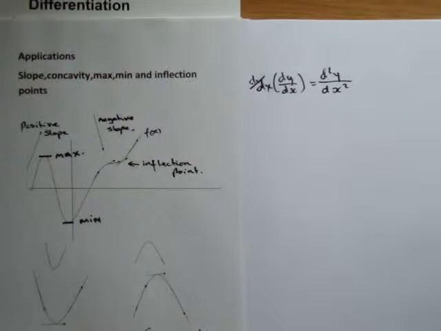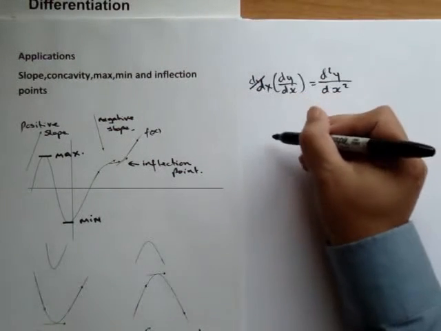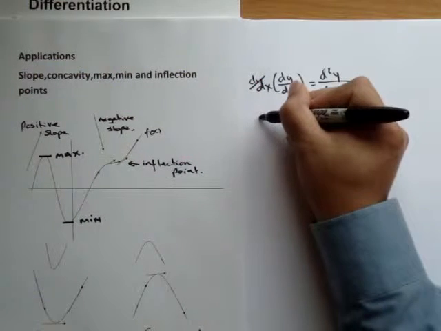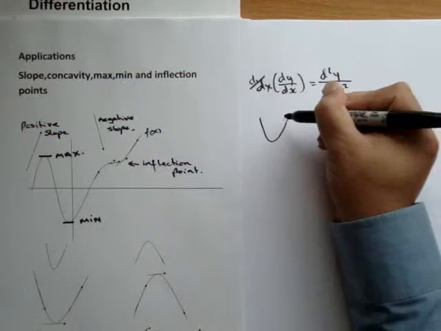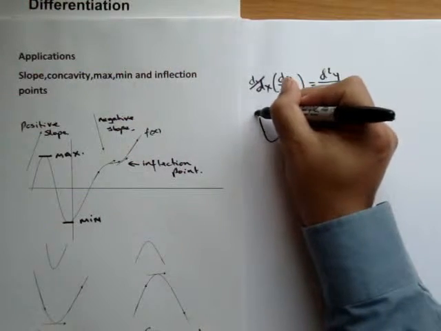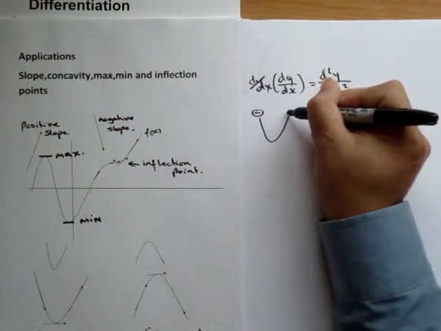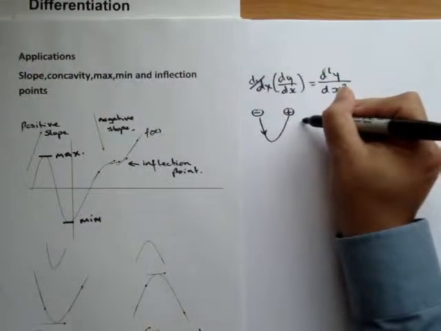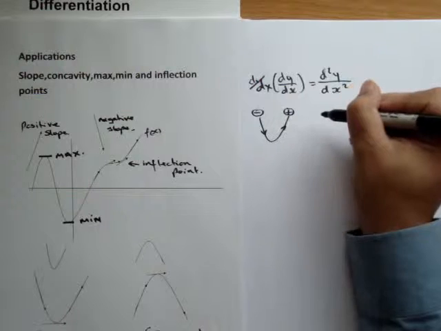And what this tells us is, say we've got a concave up curve, so this is going from a minus to a plus. So the gradient is going from a minus to a plus.